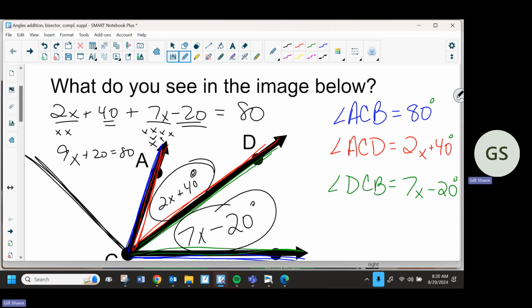Now it's just a two-step equation. I hope you can all solve that. Subtract 20, subtract 20. And 60 divided by 9. A lot of you put 6.6. 6.6 technically would be wrong. But on the district, they do ask you to round to a certain spot.